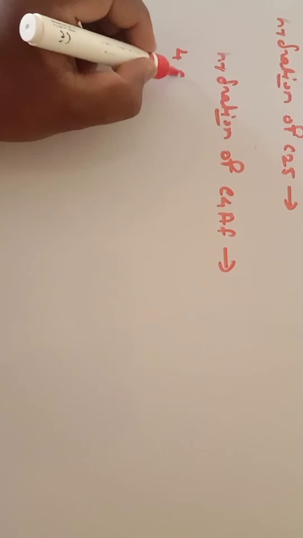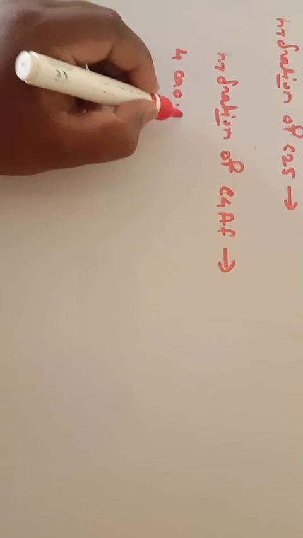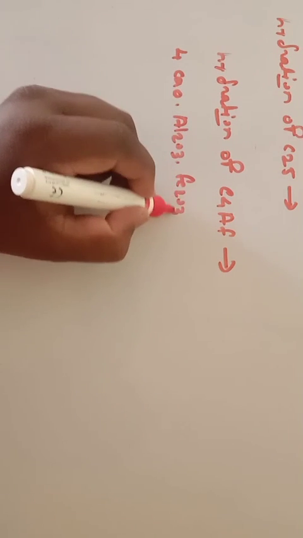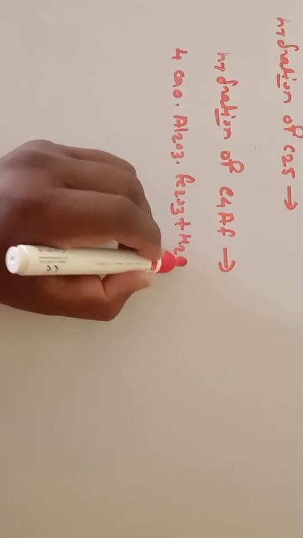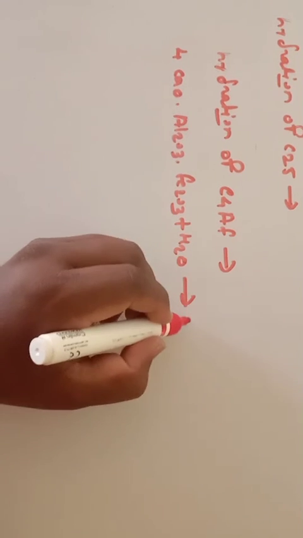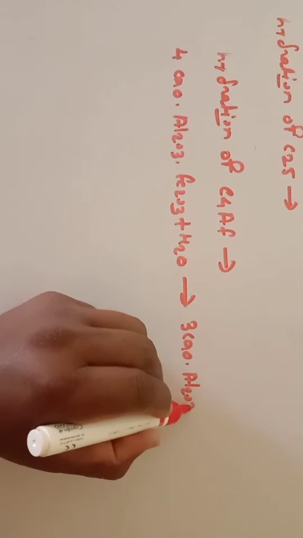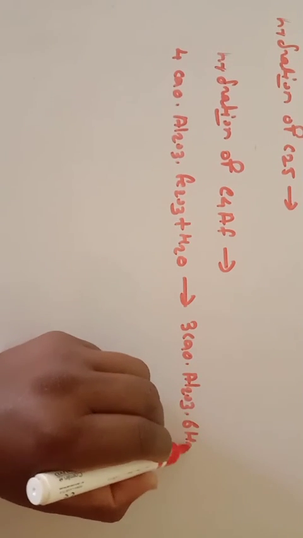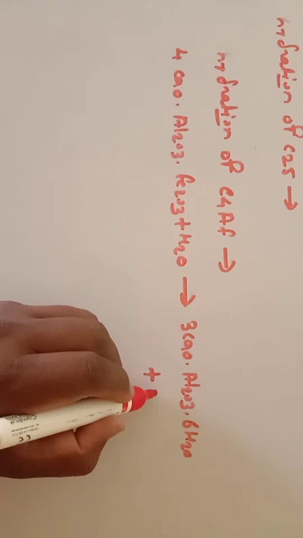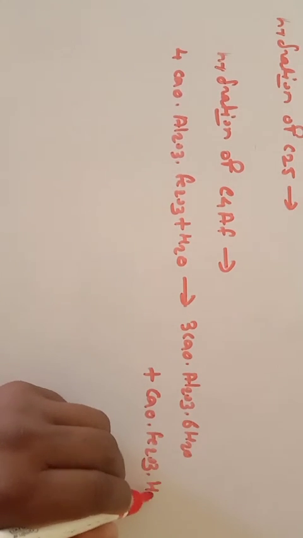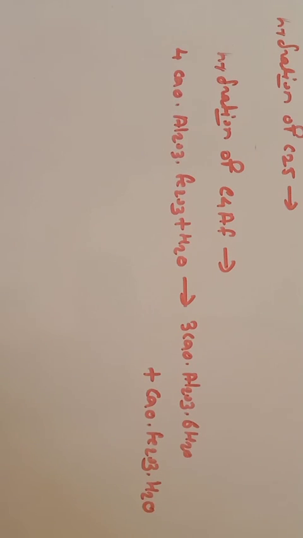It is 4CaO.Al2O3.Fe2O3 plus water, and it will give 3CaO.Al2O3.6H2O plus CaO.Fe2O3.H2O, that is calcium aluminate hydrate.